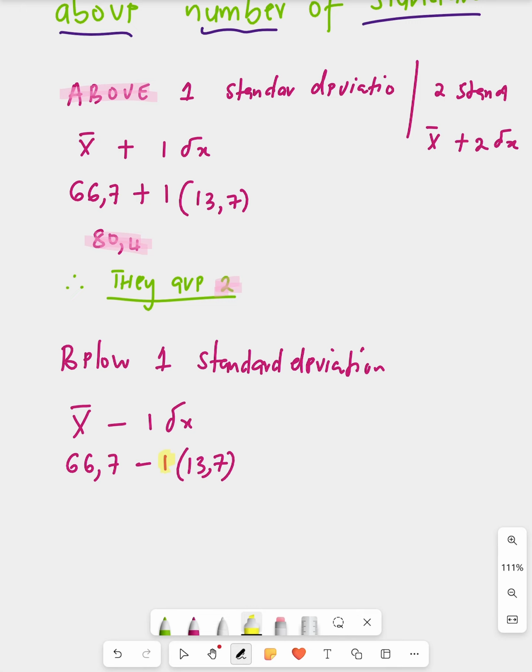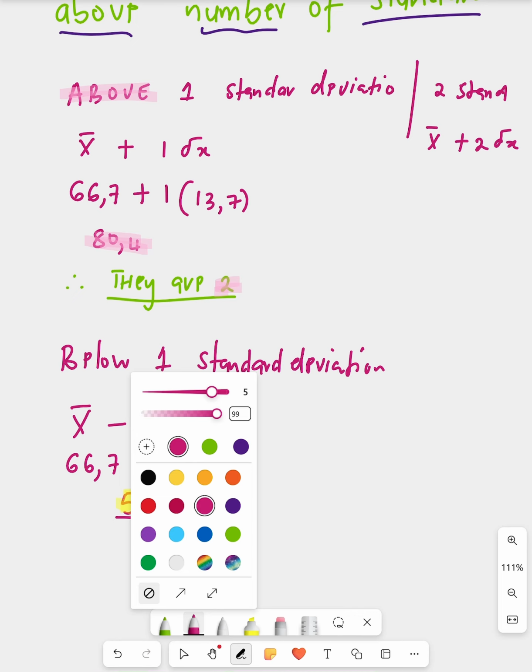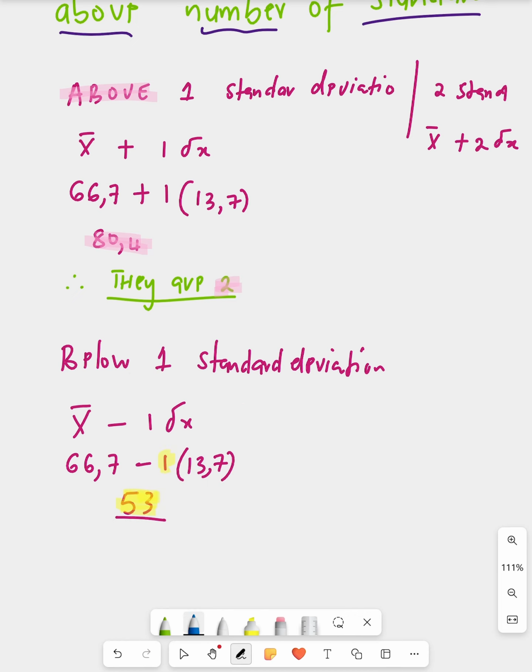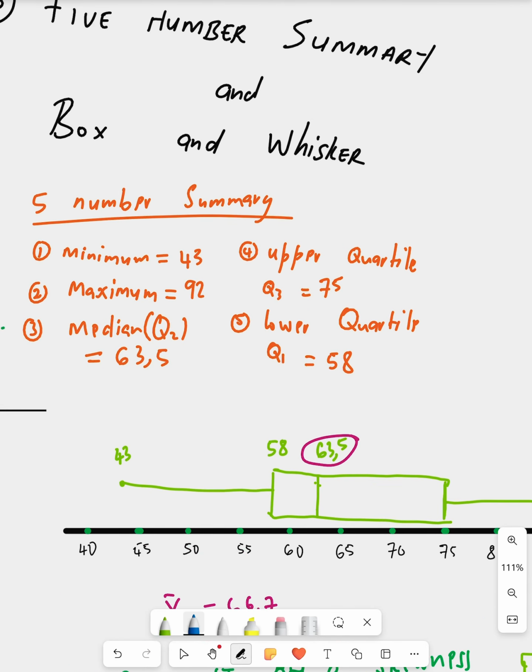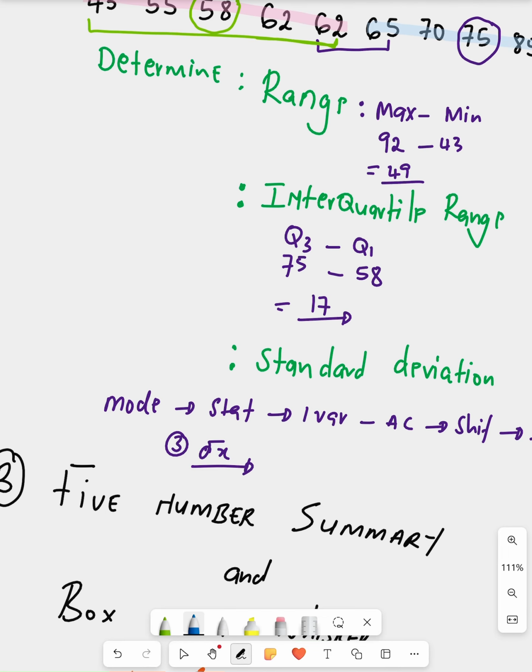Now, here we get 53. So we are going to check how many numbers are smaller than 53. We are going to count all of them, and those are scores below 1 standard deviation. So let's go back and check from our data.